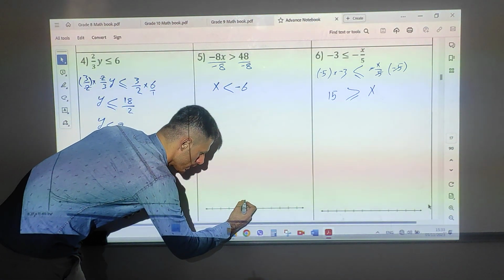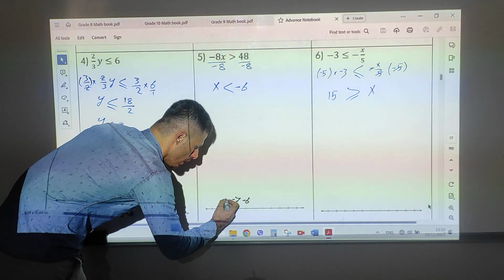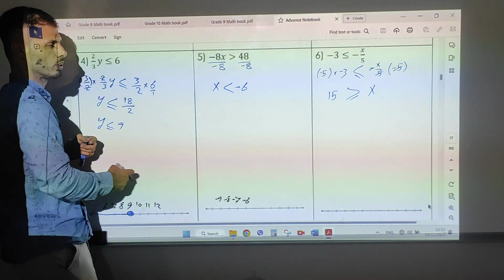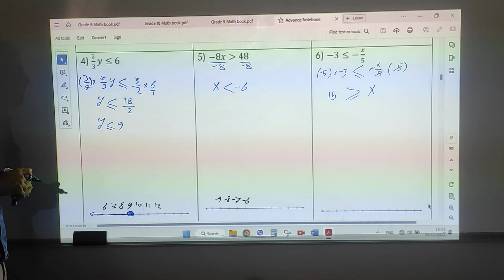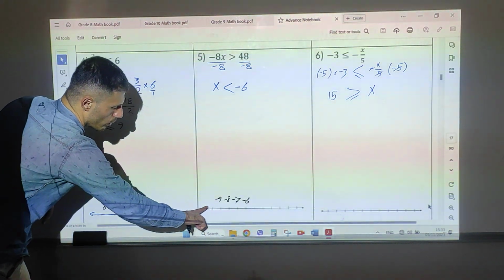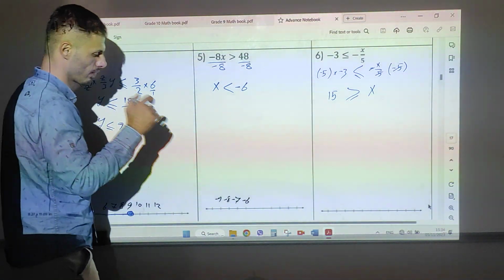The other one, x is less than negative 6. We must have negative 6 on the line. It is negative 7, negative 8, negative 9. Be careful about how you increase or decrease the negatives, and the positives. You must be very, very careful. Like that, it goes to the left, but increasing for the positives goes to the right.